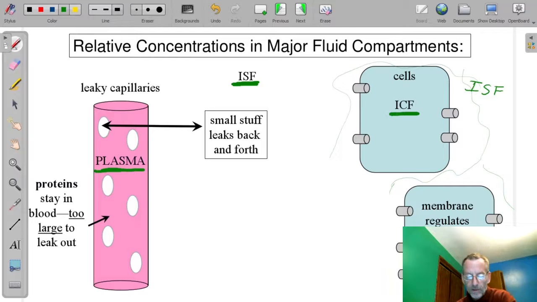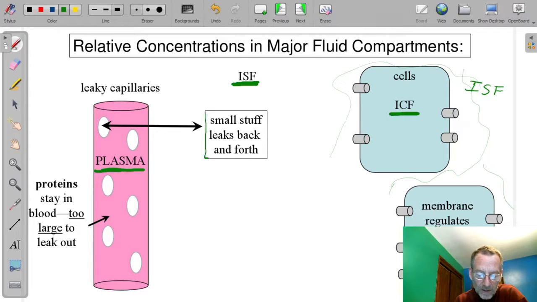So there are the big three again. What I wanted to show in this slide are the relative concentrations of different things in these three fluid compartments. To start, let's look at the plasma and the interstitial fluid.